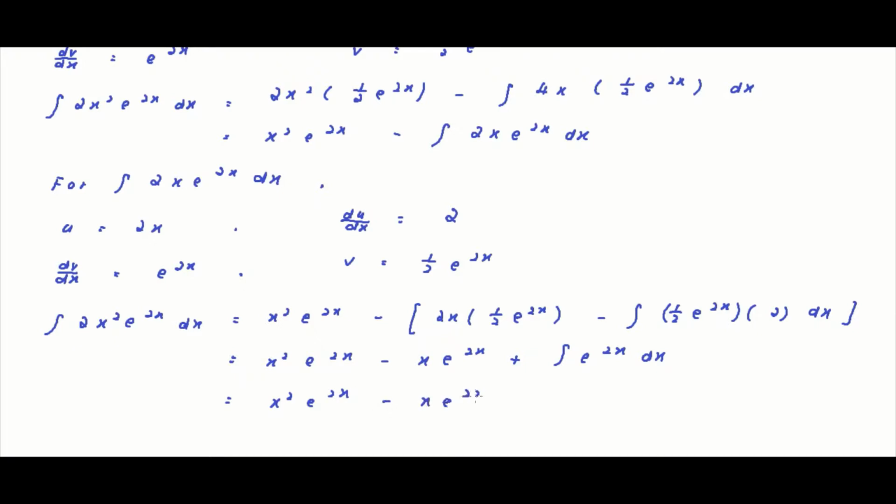So now you will have positive 1 over 2 e2x plus c. So that will be your last answer. If you want, you can try to simplify this as well: e2x, and then x squared minus x plus 1 over 2, then plus c. Okay, so let's move on to the next one.